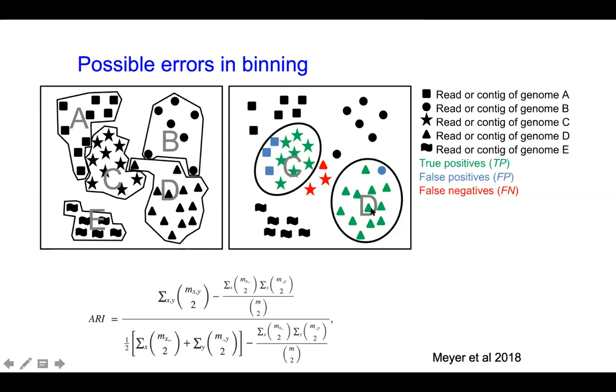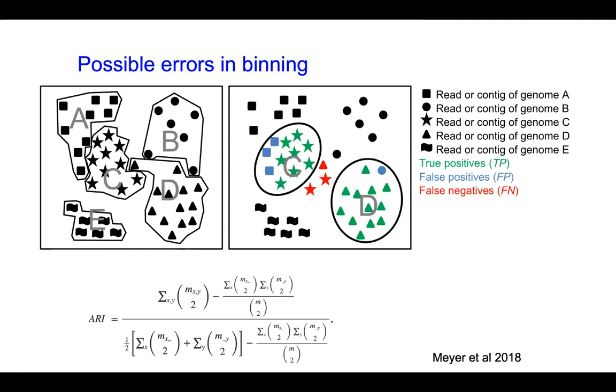The shape of each of these dots tells you which bin they actually belong to. Then the formula at the bottom shows how Meyer et al. calculate the adjusted Rand index, which is a measure of how many true positives and true negatives there are over all true positives, true negatives, false positives, and false negatives, with an adjustment factor.